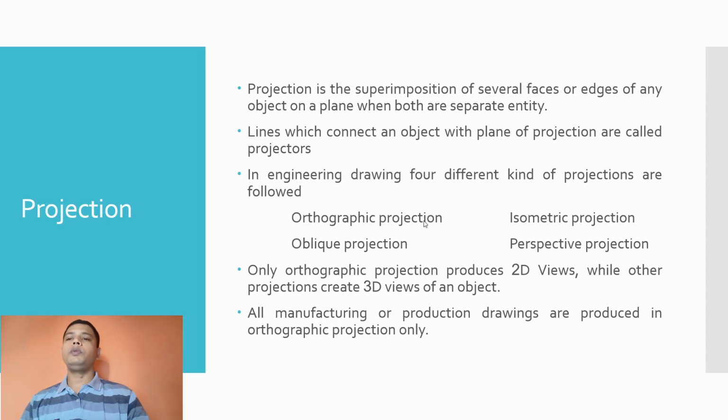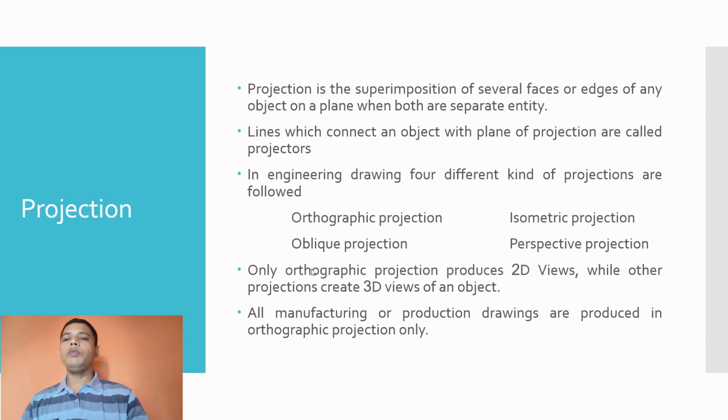Only orthographic projection can do that, and that's why it is used in the manufacturing scenario. This is the only projection that produces the 2D drawing, and that produces the manufacturing drawing also.